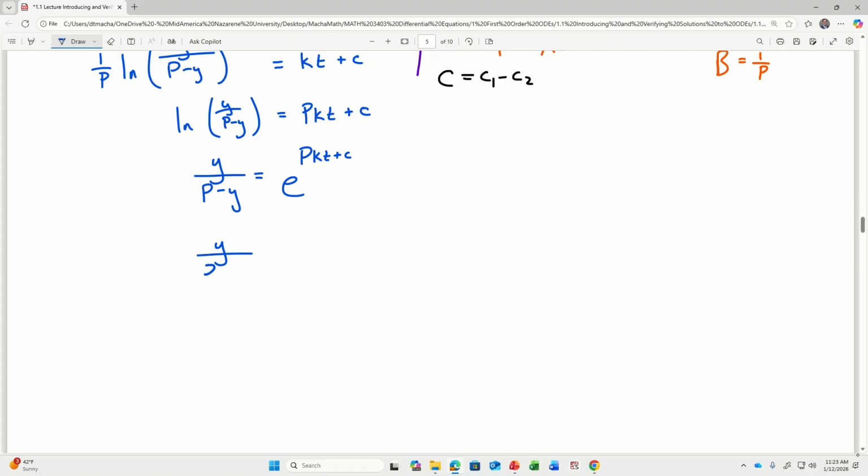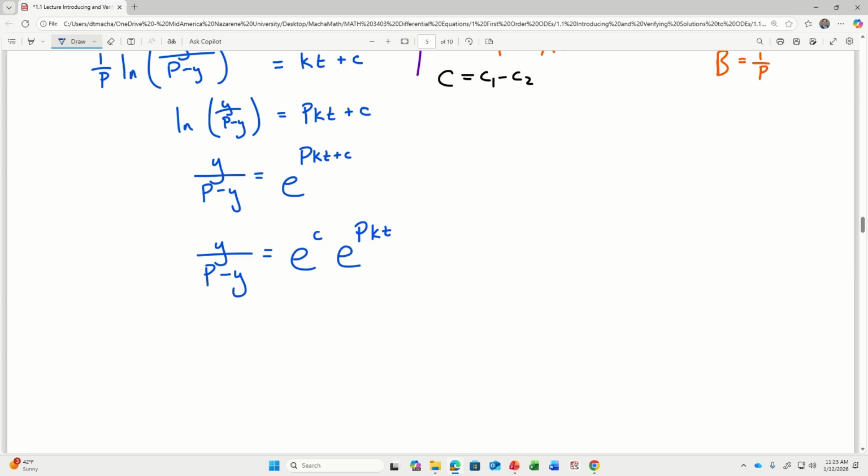One thing that's normally done, and I guess you wouldn't have to do this, but it's a common practice, is to say that this would be the same thing as e to the c times e to the pkt. Right? Property of exponents there.